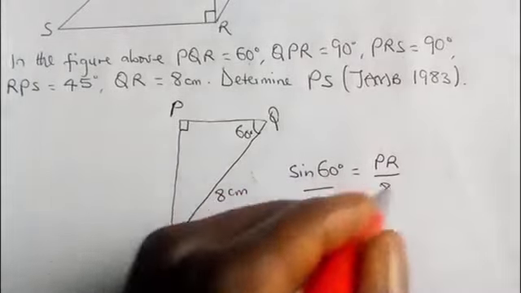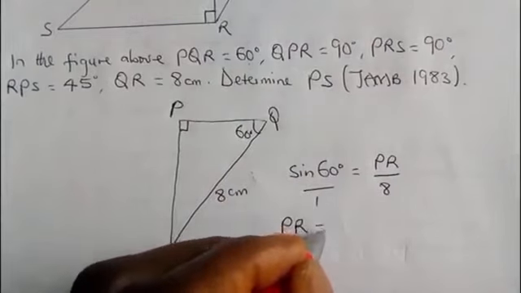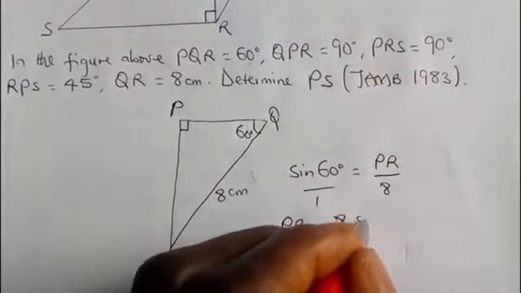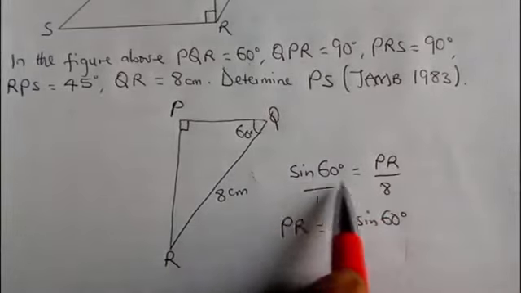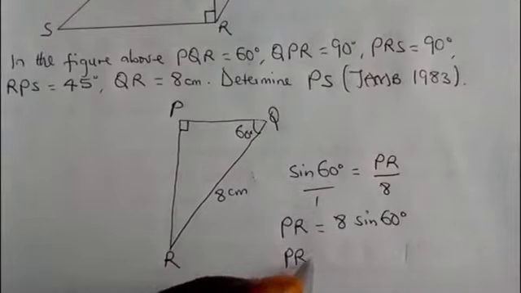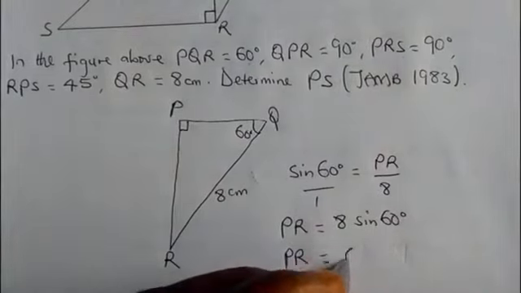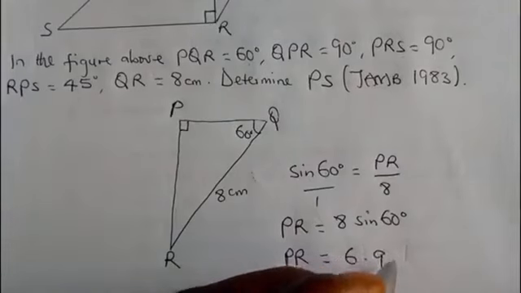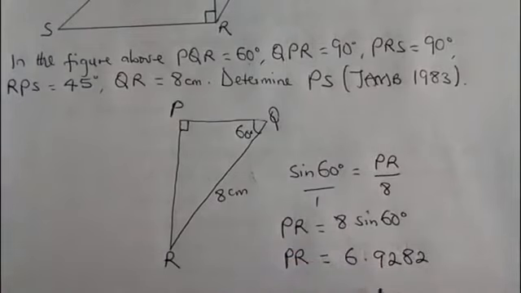Cross multiplying to get PR, we will have 8 sine 60 degrees. PR is equal to, when you punch your calculator, 8 sine 60, you are going to get 6.9282. That is approximately 7 centimeters.